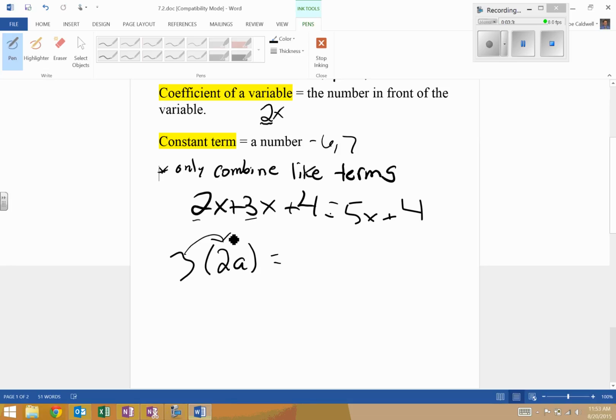You do that by multiplying the number with the coefficient and getting 6a. The reason you're allowed to do that is because multiplication is really just repeated addition. So I could write 3 times 2a as 2a plus 2a plus 2a, and that's going to give me 6a. So that's a couple of examples there.